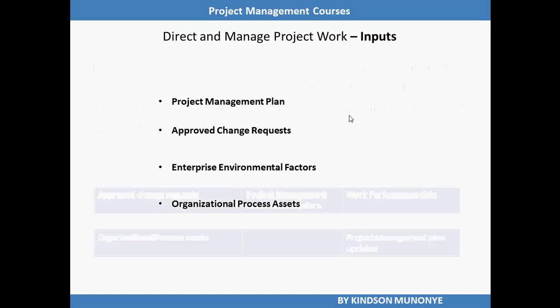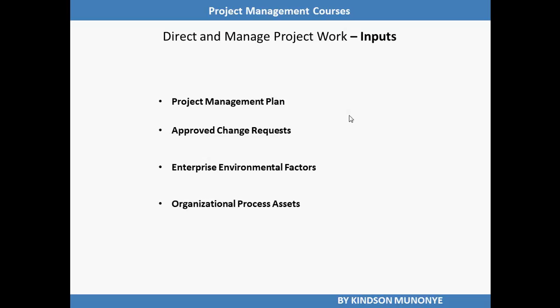Direct and manage project work inputs. One of the inputs is the project management plan, and this plan contains subsidiary plans concerning all aspects of the project.